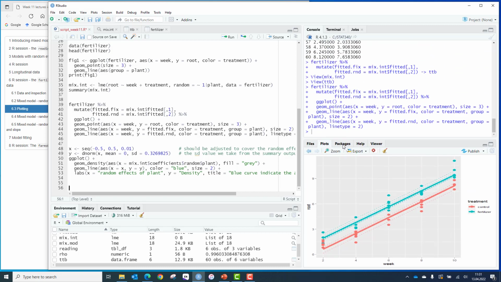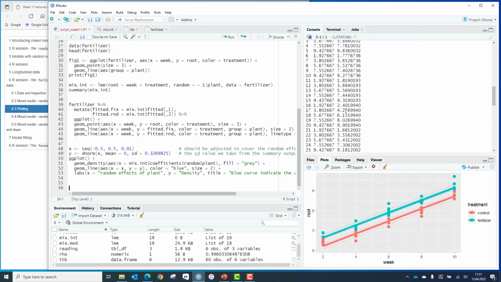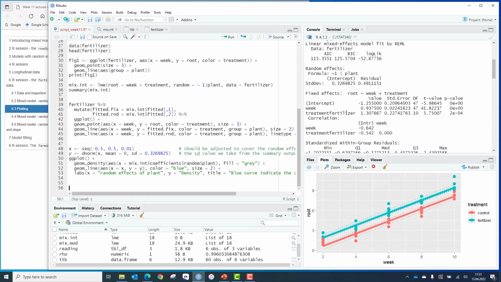And if we go back to the output, if I scroll back here, then we can see the variation in this, the between plant variation, standard deviation, right? This is the standard deviation of the normal distribution that describes how plants differ from each other. And this is the exact value that I have added here.